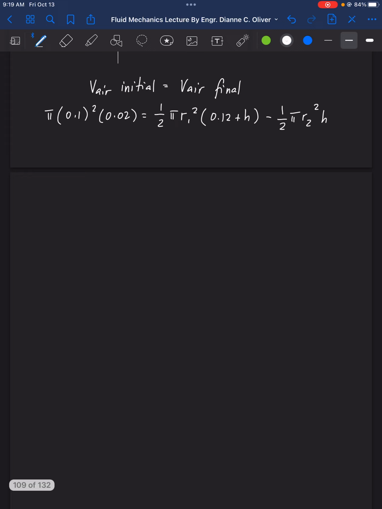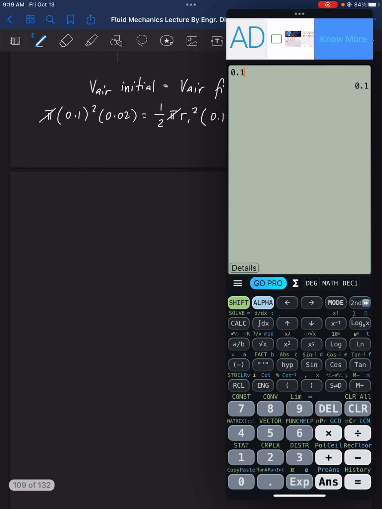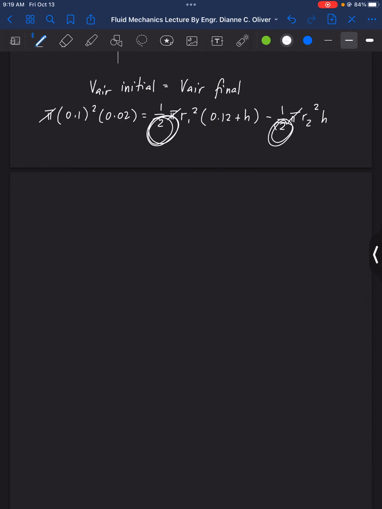Okay. So let's cancel all pi. What is 0.1 squared times 0.02? Then times 2, that's times 2 for the 1/2 factors. So 0.004, and they all have 1/2, so we multiply it by 2.